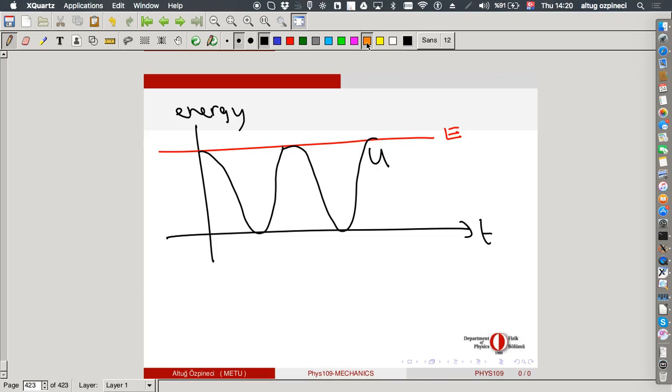This is the potential energy. And the kinetic energy is initially zero, then it's maximum, minimum, maximum, minimum. So this is basically how the kinetic and the potential energies also change in time. They are also harmonic.